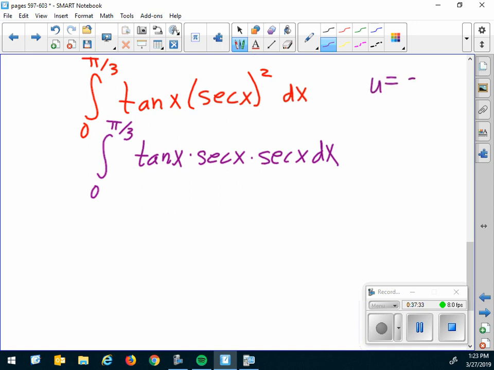We're going to let u equal secant x. The derivative of secant is secant tangent. See, I've got all of that in there. So my integral, I'm going to leave it blank for a minute. I don't know what I want to do yet.